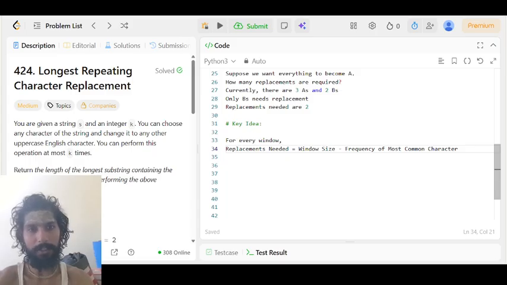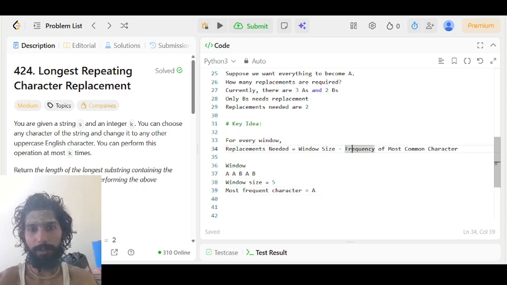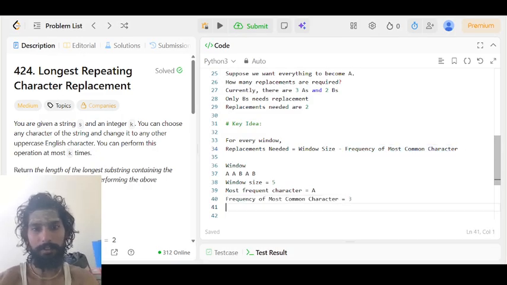So for example, if my window is AB, this is my window. So window size equals 5 and the most frequent character is A, and the frequency of the most frequent character equals 3.